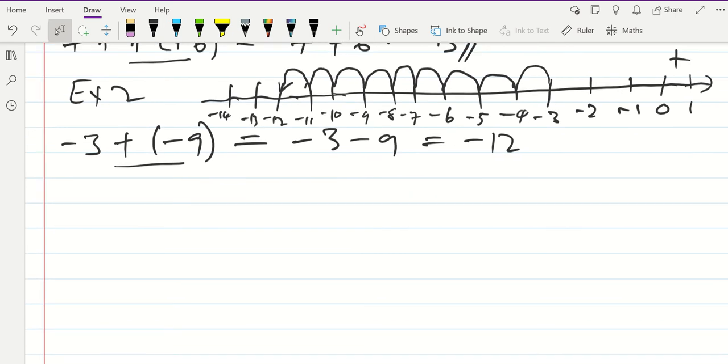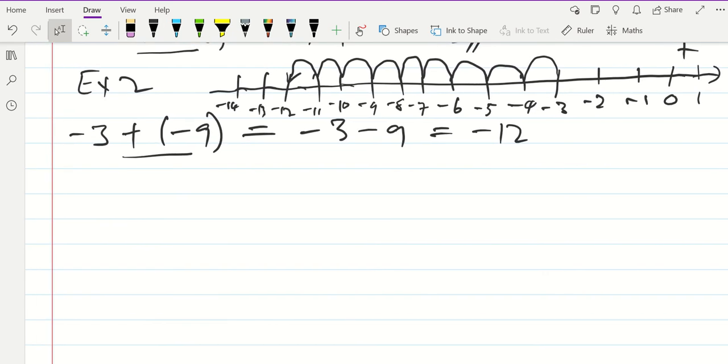So now let's do example number 3. Example number 3 is another very simple problem in directed numbers.